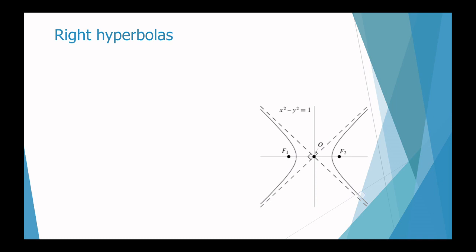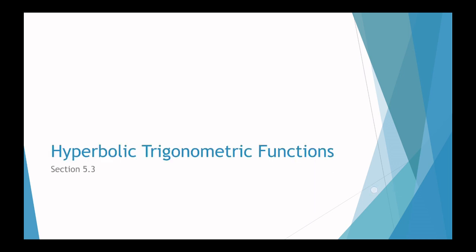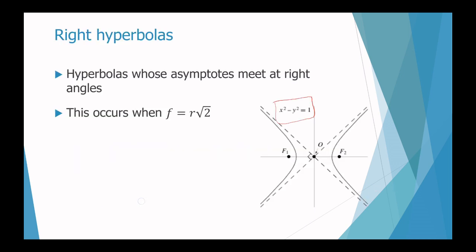And they're written, well, basically like this. So this is a hyperbola whose asymptotes meet at right angles. They're called right hyperbolas. And this occurs when f is equal to r times the square root of 2. And they're just a more specific hyperbola.